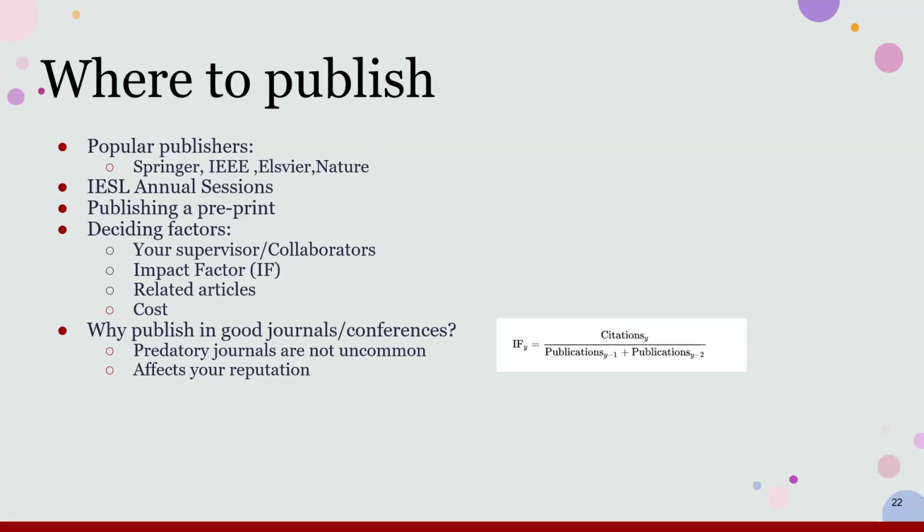And the other thing is, whether we like it or not, sometimes the cost can also be a deciding factor. Unfortunately, journals, maybe they are of high impact factor, but they come with a cost. For example, some publishers or journals allow open access publishing, which means they allow the whole world to read our full paper.